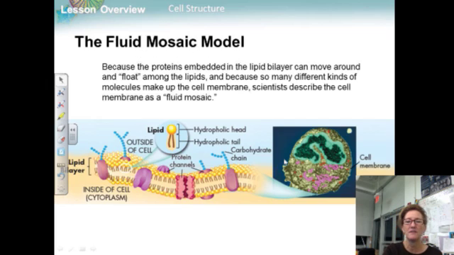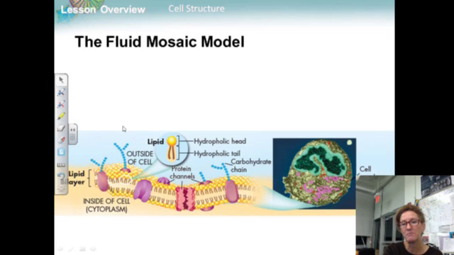Some of the proteins form channels and pumps that help move materials across the cell. Here's an example of a protein pump. Many of the carbohydrate molecules act like chemical identification cards. They have a carbohydrate chain on them, allowing individual cells to identify one another.